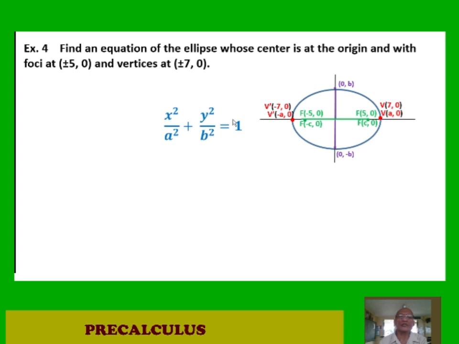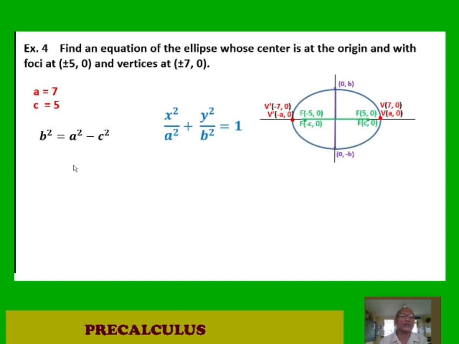Its standard equation. From the origin to this point, this length is A, so A is 7. And from the origin to this point, this distance is C, so C is 5.